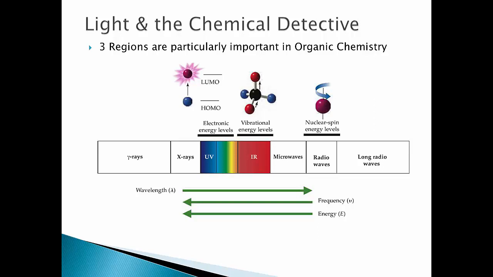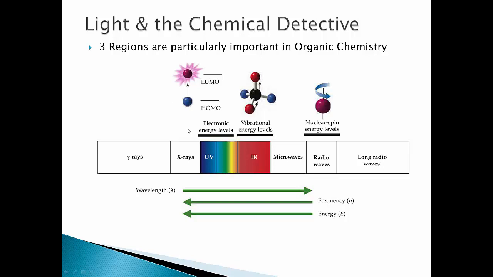Okay, so let's have a look at our regions. The ones that we're interested in are IR, radio waves, and UV. So how does UV work? It's the electronic energies that we use to promote from the low energy state to the high energy state.